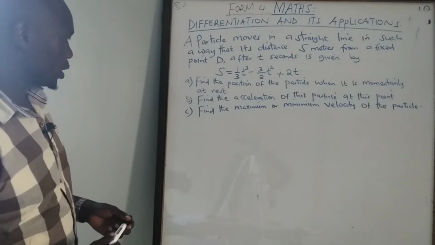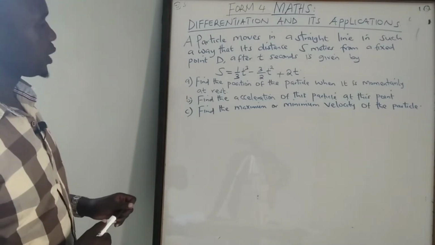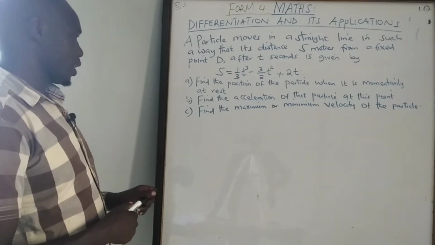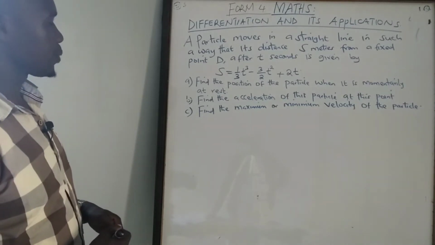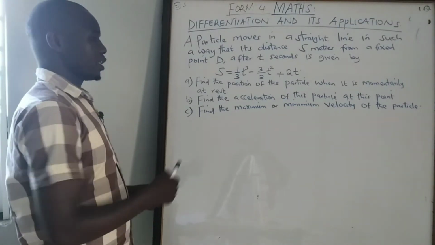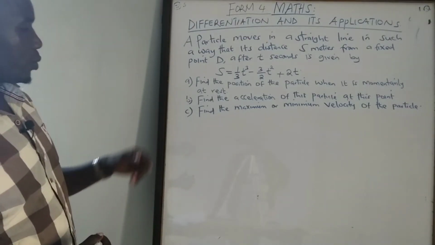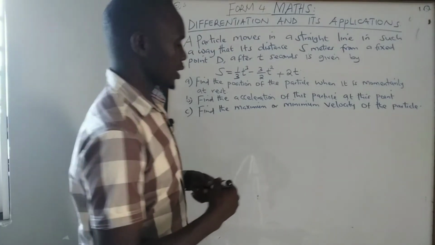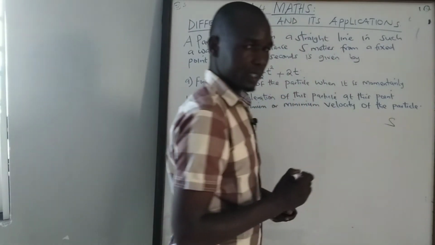plus 2t. You are required to find the position of the particle when it is momentarily at rest, then find the acceleration of this particle at this point, and finally you find the maximum or minimum velocity of the particle. So any question that might come from differentiation will automatically be in the form of displacement.